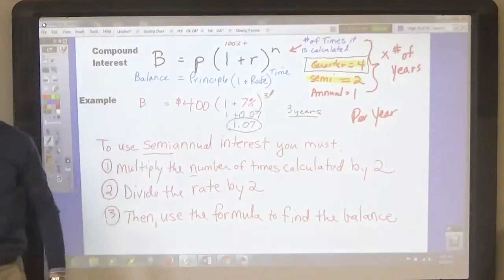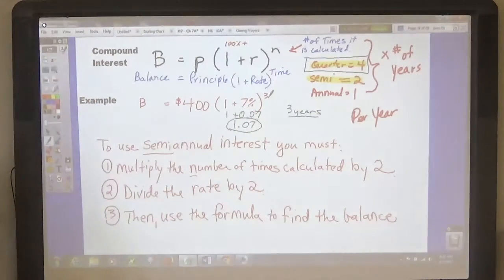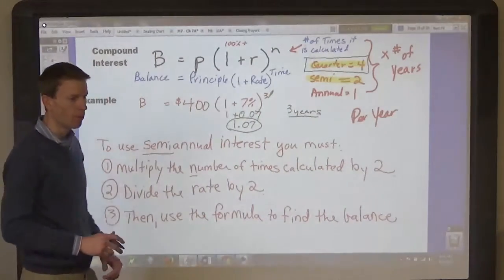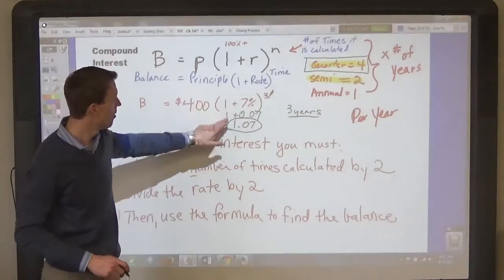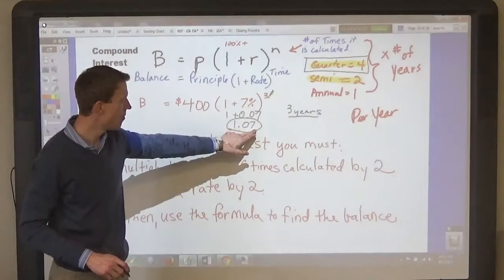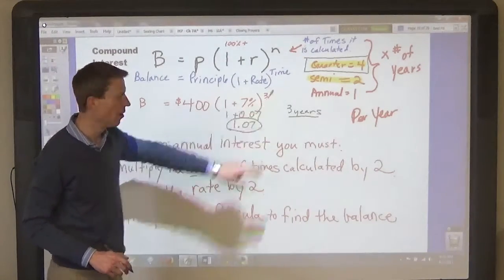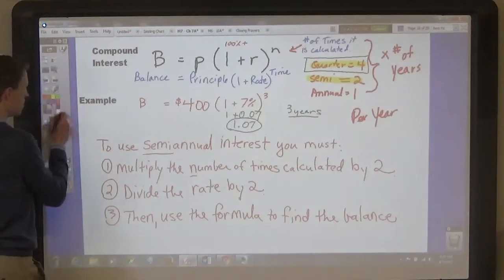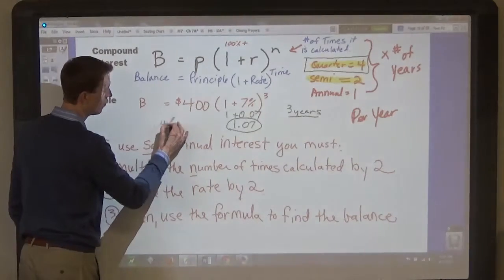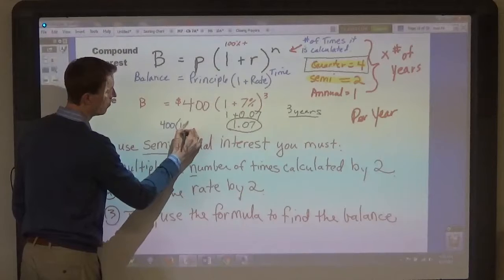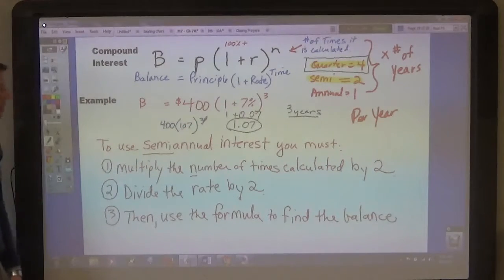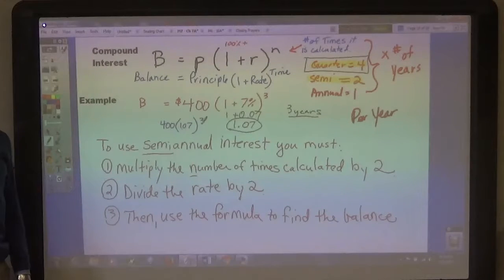This one is calculated annually for 3 years. Write down 400 parentheses 1.07 to the third power, so that it looks like this. Okay? Then put that into your calculator.